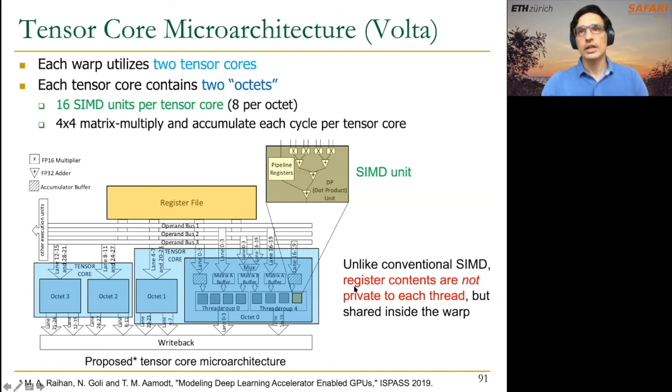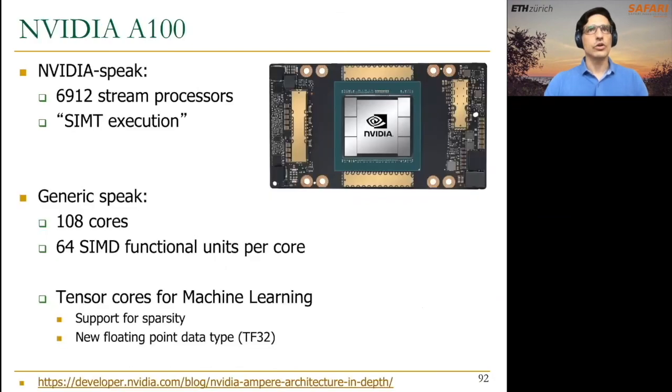For these SIMD units, it's possible for some of the threads, for example here we have lanes 0 to 3, to access data that is stored in registers from other threads. And this is relatively special, as you can see. The register contents are no longer private to each individual thread, but are shared inside the warp when it comes to execution on the tensor cores.